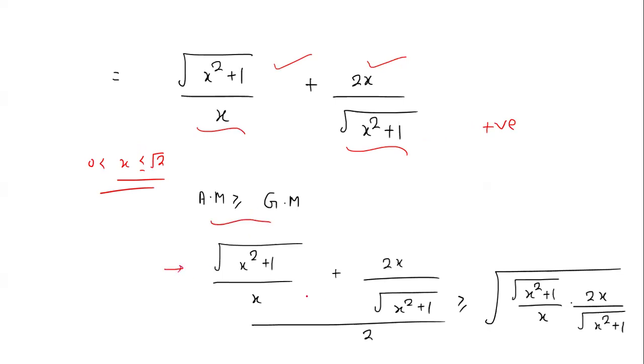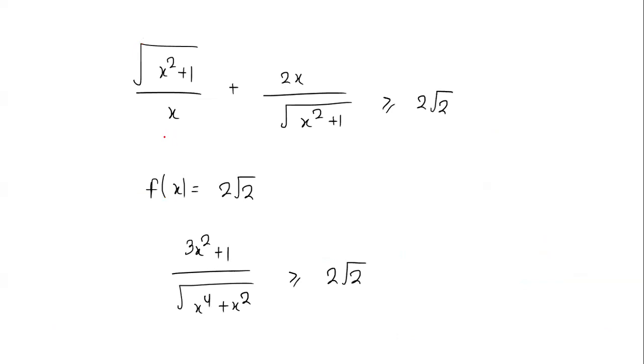So the AM of these two, which is this plus this divided by 2, is always greater than or equal to the root of the product of these two terms. Here this will cancel, and this x will also cancel, and the remaining thing is only root 2. So you can take this 2 to the right hand side, and the summation of these two terms is always greater than or equal to 2 root 2. This we get after applying AM ≥ GM.